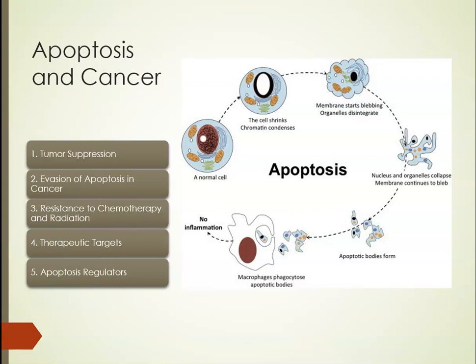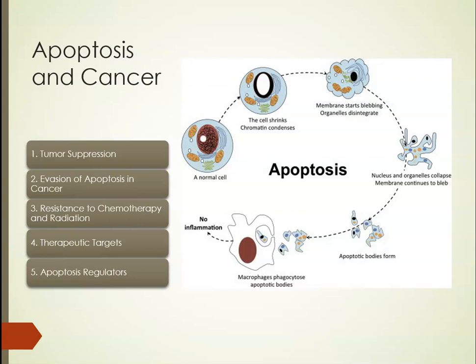Number 4, therapeutic targets. Given the importance of apoptosis in controlling cancer growth, researchers are actively exploring ways to target the apoptosis pathway as a potential cancer treatment. If they can target the pathway of apoptosis and have the cell self-destruct, then again, the tumor will reduce.